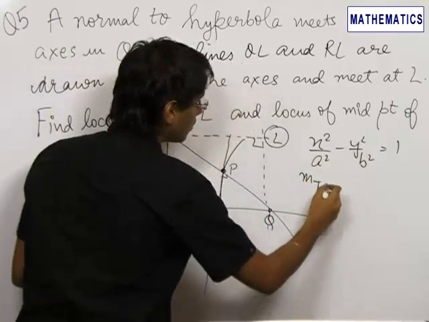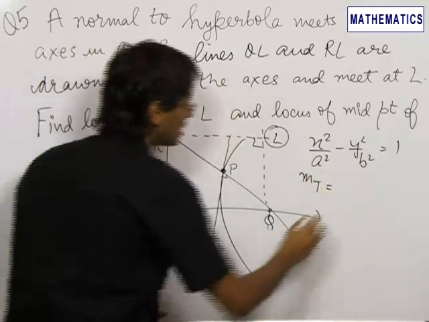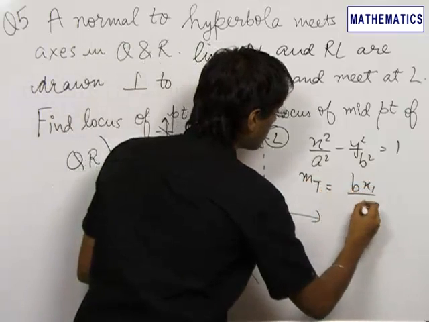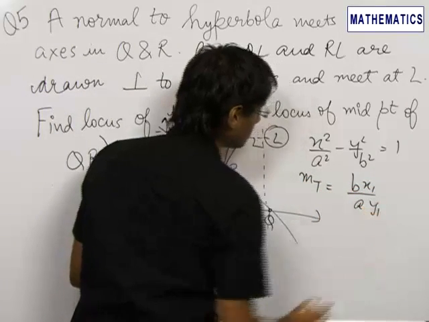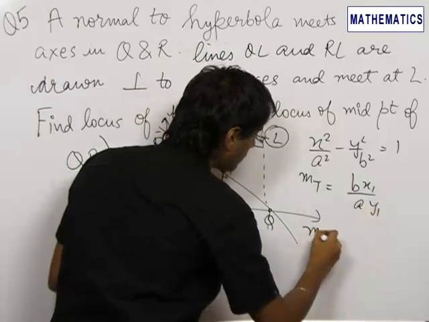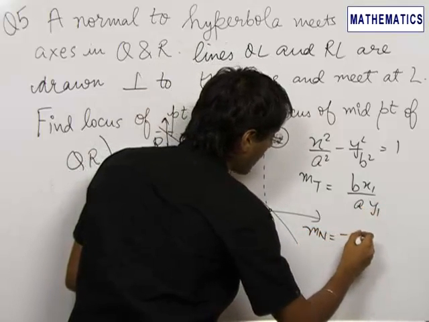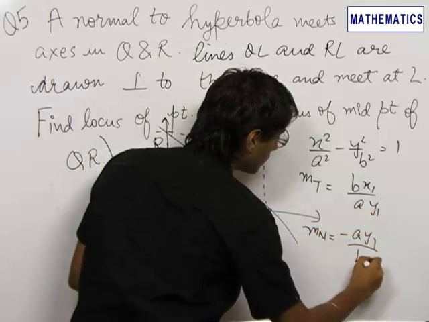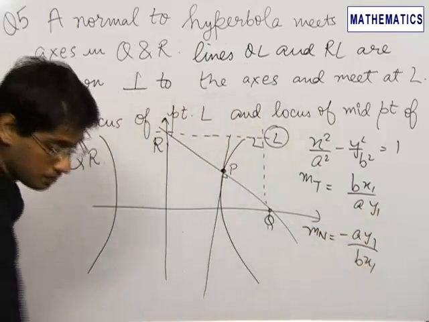Slope of tangent for this hyperbola is equal to bx1 by ay1. Hence the slope of normal will be equal to minus ay1 upon bx1.